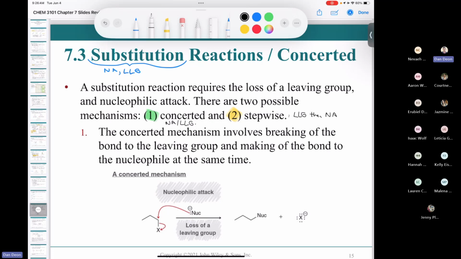One would happen, then the other one would happen after, whereas in concerted, they happen at the exact same time.